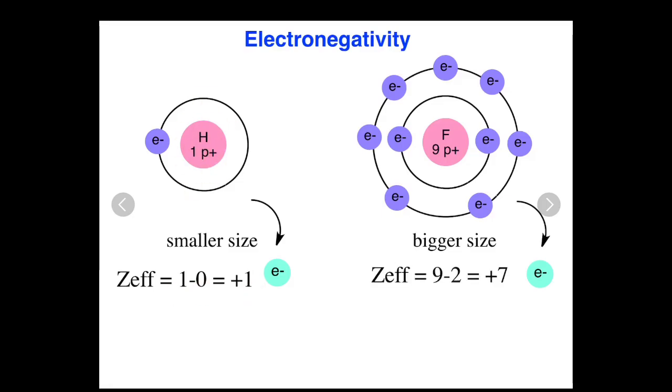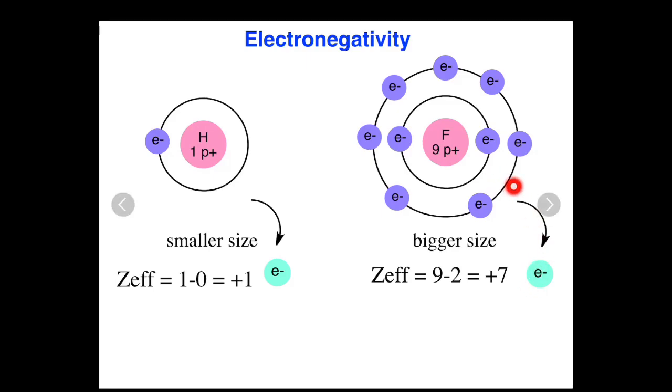If you do the same thing for fluorine, you get 9 protons minus shielding. Remember, fluorine already contains 2 electrons in the inner layer. The outer layer contains 1, 2, 3, 4, 5, 6, 7, so it doesn't meet the octet yet, the 8 electrons that would be the same as a noble gas. Therefore, if one electron is accepted, it's going to be accepted into this layer.